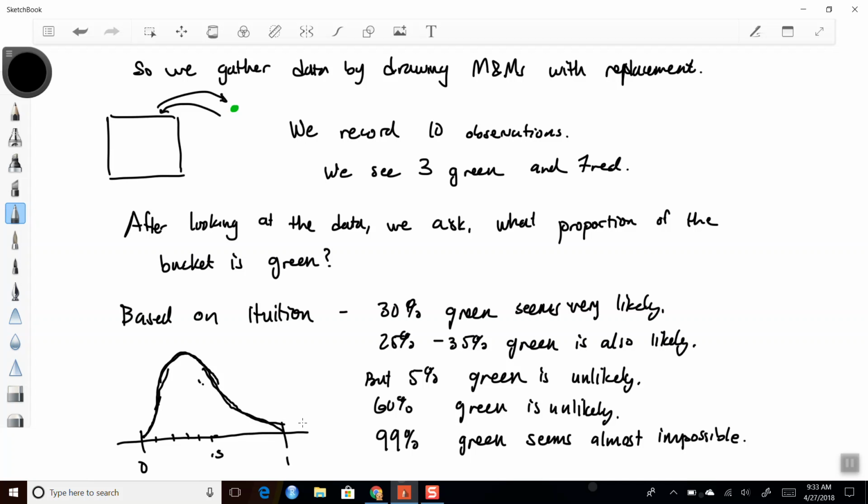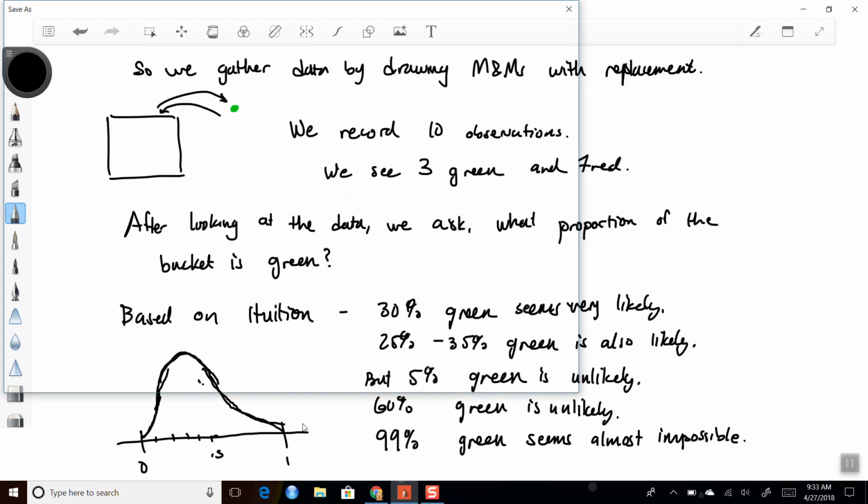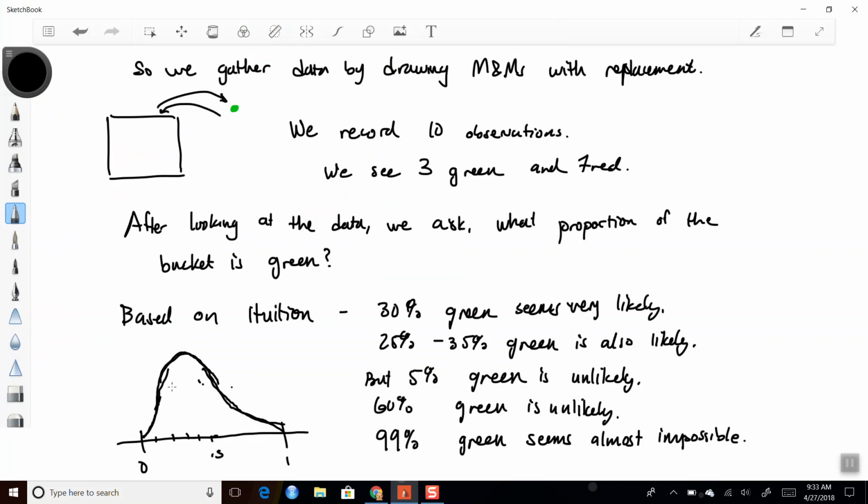That's after drawing 10, right? What if we drew 1,000 M&Ms? So this is our distribution of probabilities after 10.